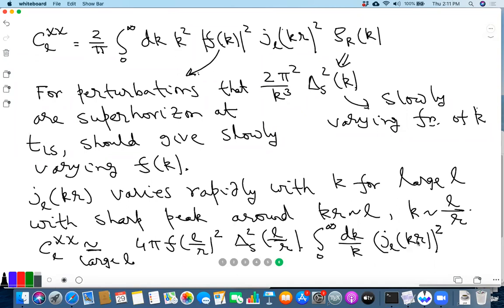This integral can be done. In fact, you can just write kr equal to ρ and get dρ over ρ, j_L(ρ) whole squared, so it only depends on L. And its value, I think it's an exact result, but you can look up some table of integrals, is 1 over 2 L into L plus 1.